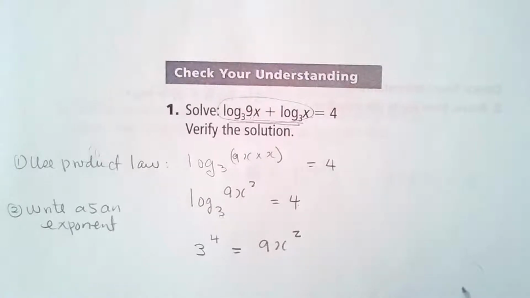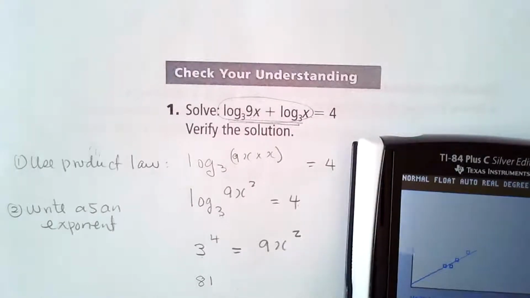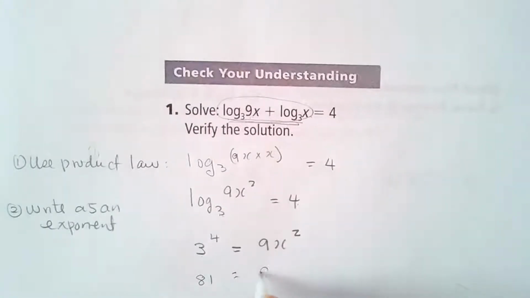Let's simplify this a little bit further. 3 to the power 4 is equal to 81. So 81 equals 9x squared.